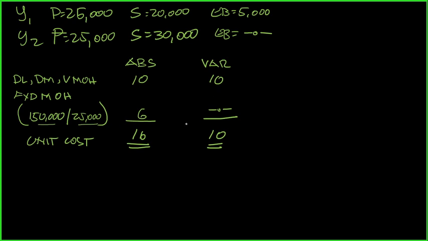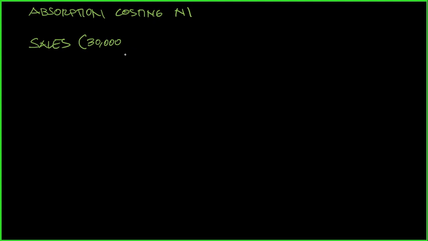Okay, so let's try to compute for the absorption costing net income. So let's start with your sales. Okay, so how much will be our sales? We were able to sell 30,000 units.